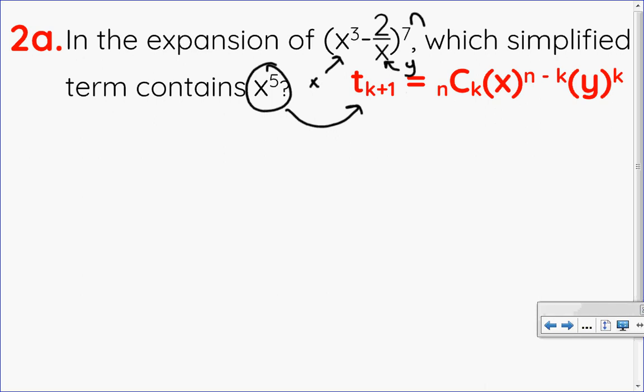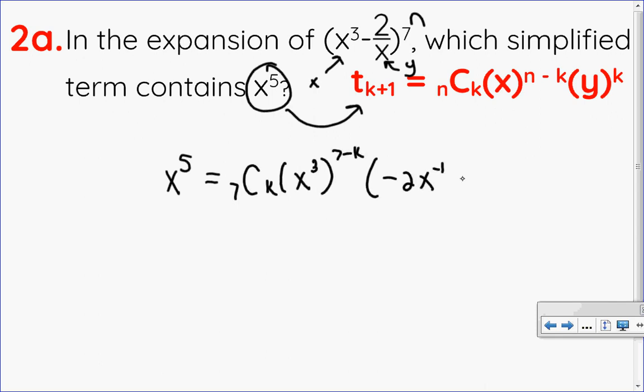So let's plug that into our formula and see what we get. t sub k plus 1, which would be the term that contains the x exponent 5, is nCk, we don't know k, first term to the n minus k, second term, negative 2x to the negative 1 to the k.